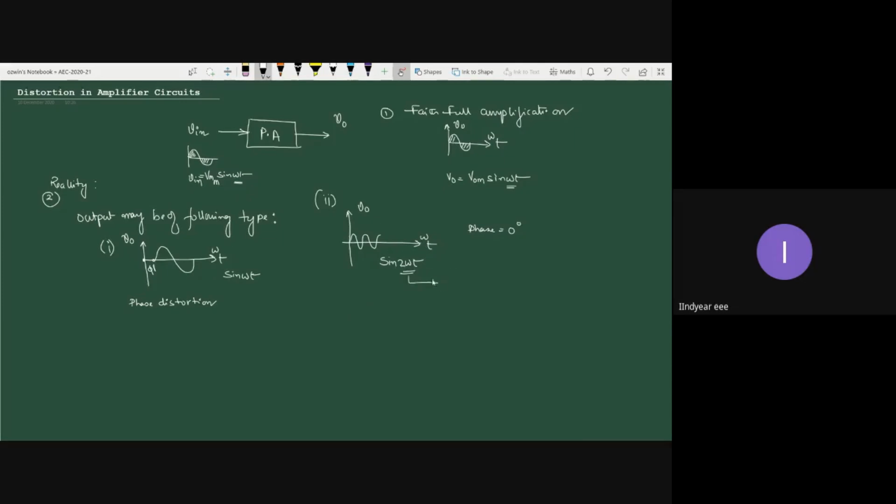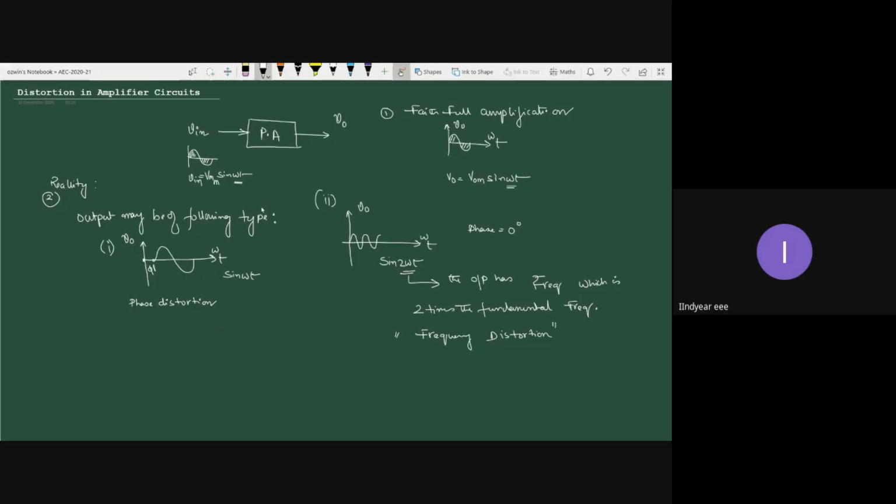That means the output has a frequency which is two times the fundamental frequency. This is called frequency distortion.